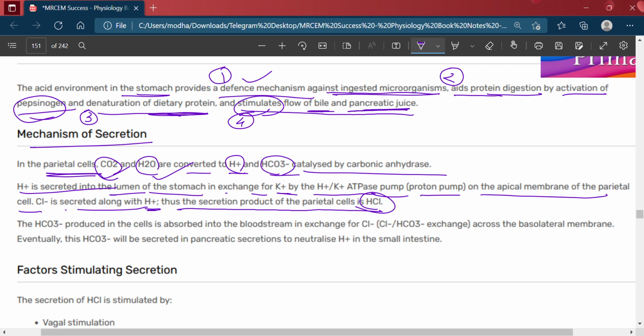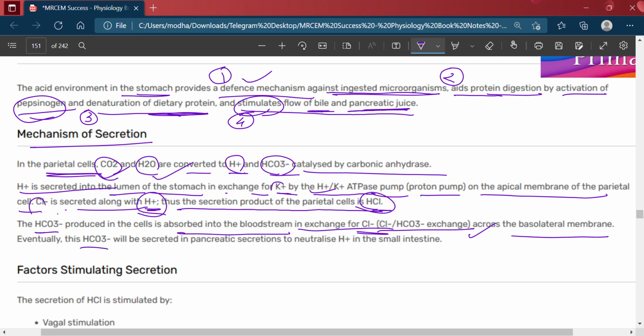Then this H plus is secreted into the lumen of the stomach in exchange for potassium by the H plus K plus ATPase proton pump, and the chloride is secreted along with the hydrogen, so the HCl is secreted. The HCO3 minus produced in the cell is absorbed into the bloodstream in exchange for chloride, the chloride HCO3 minus exchange, across the basolateral membrane.